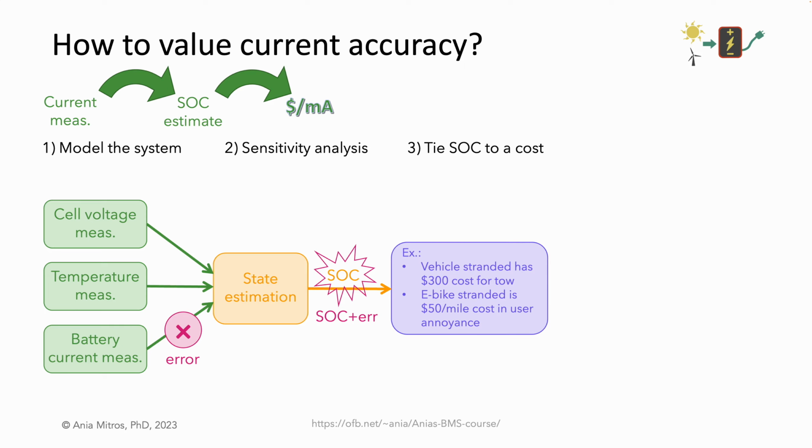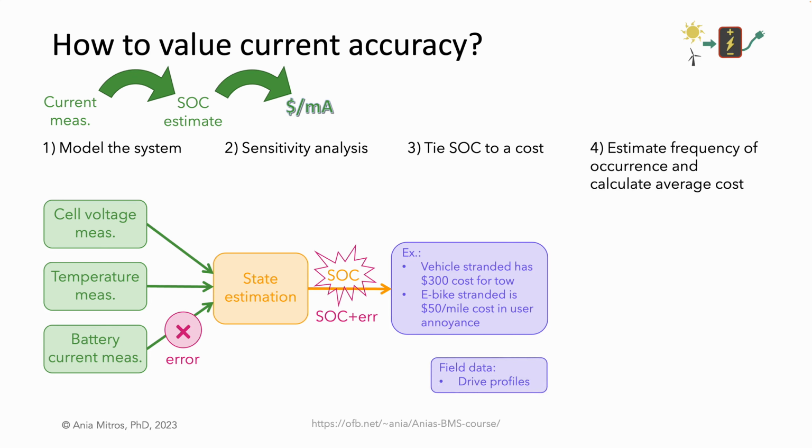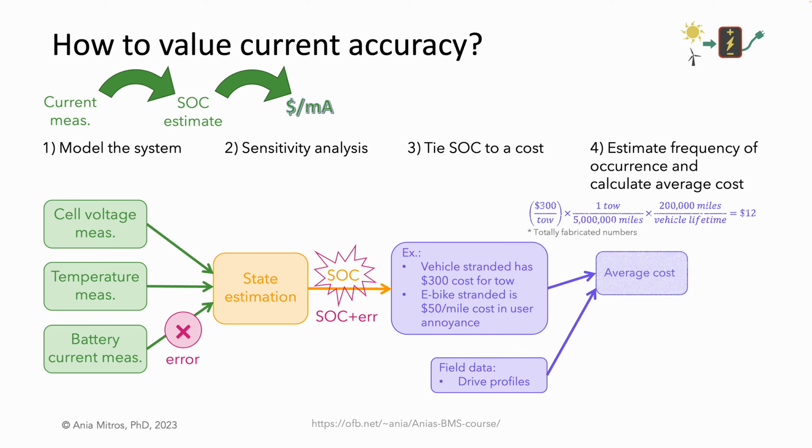Not every vehicle system will suffer, so we need to estimate the frequency of occurrence, ideally using field data such as drive profiles. From this, we can calculate the average cost per vehicle, including both the vehicles that suffer the problem and vehicles that do not. We can then repeat this analysis with different magnitudes of current measurement error to characterize the relationship between current error and cost to get that dollars per milliamp relationship.